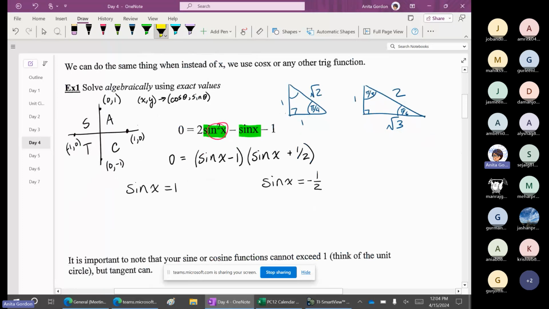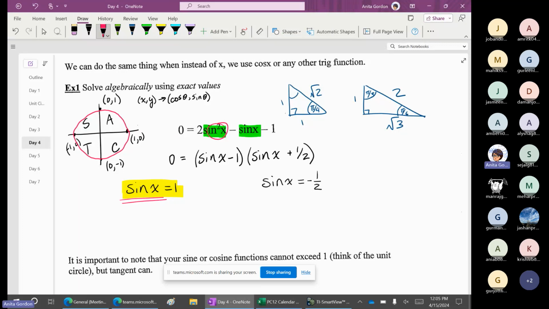Okay. So using these three images, which one will help me solve sine x equals 1? The unit circle or a triangle? Unit circle, right? Because it's not a fraction, it's a point. So where on the unit circle is sine x, meaning the y value, where is the y value 1?